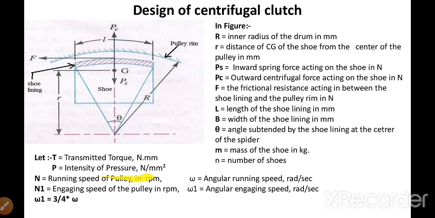N is the running speed of the pulley, and N1 is the engaging speed of the pulley. From N and N1 you can calculate omega and omega1, where omega is the angular running speed in radian per second and omega1 is the angular engaging speed in radian per second. Let's assume that omega1, the engaging speed, is 3/4 of the running speed. That is our assumption here.